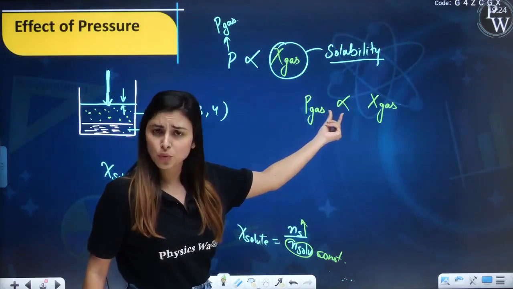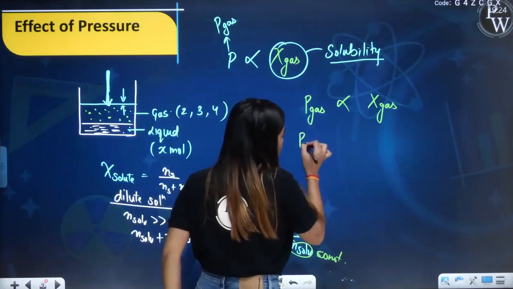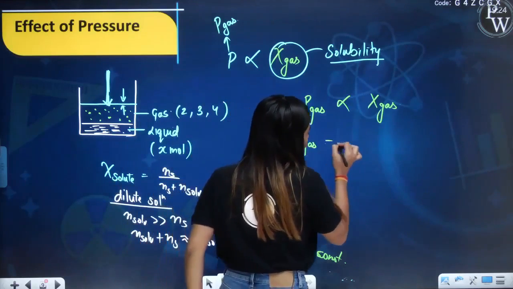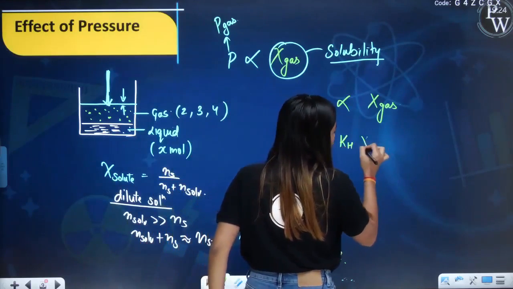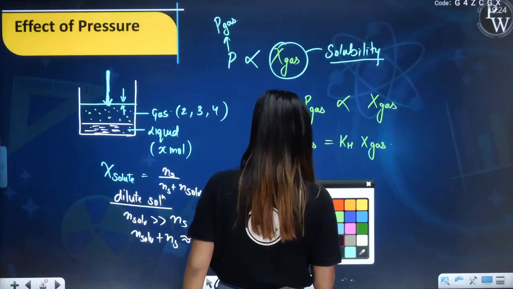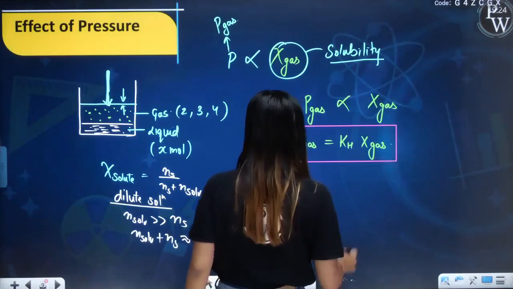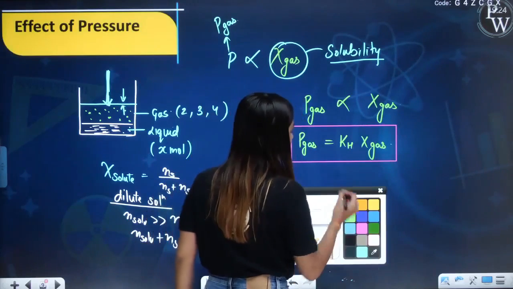Now, if you want to remove this proportionality, you will have to add a proportionality constant. So this proportionality constant was given as KH, and here, my dear students, this was your actual expression for Henry's law. Here, what does each term denote? Let's write this.